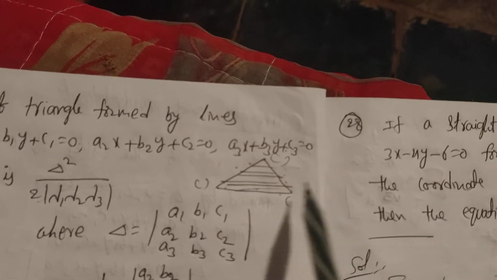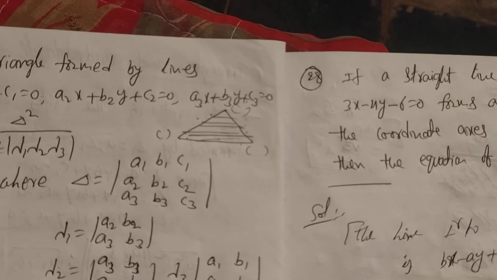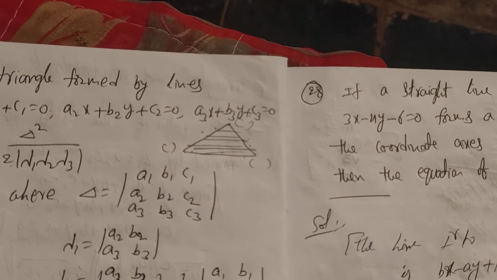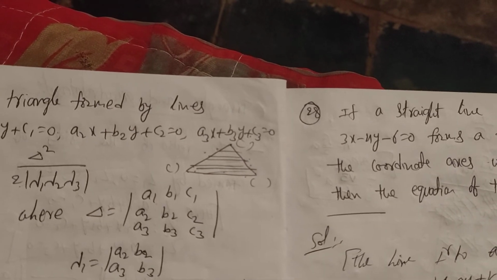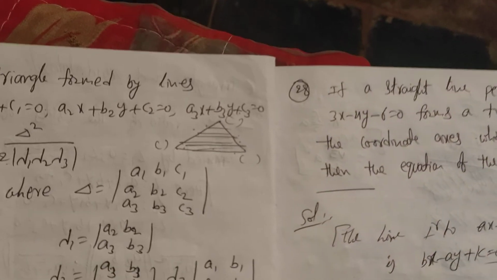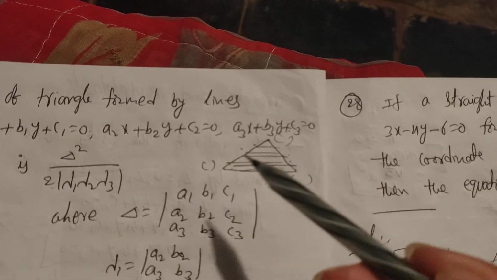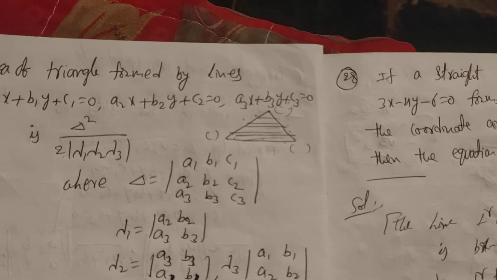So in the coordinate system I gave the area of the triangle using the coordinates x1 y1, x2 y2, x3 y3: half into modulus of the determinant of x1, x2, x3, x1, y1, y2, y3. I gave the formula by using coordinates, but that is a little bit lengthy. Finding the vertices of the triangle is lengthy, and after that we have to apply the area formula again.